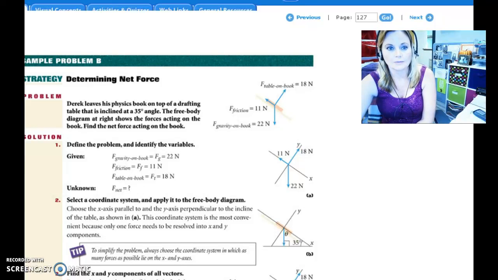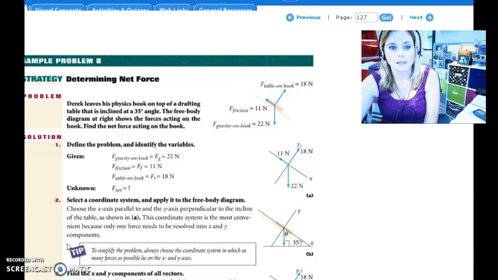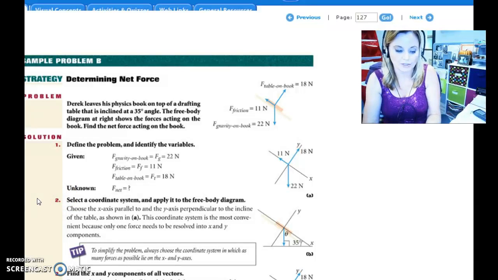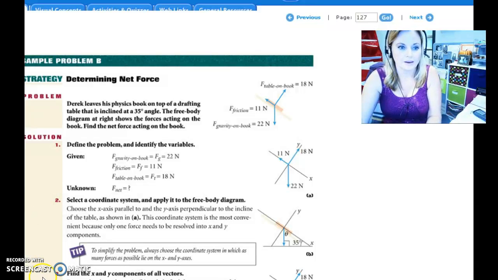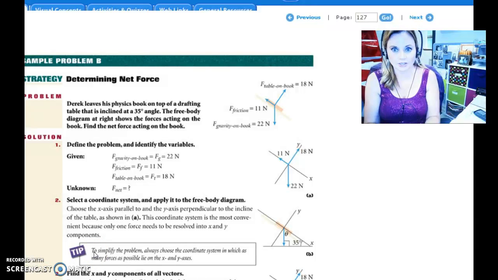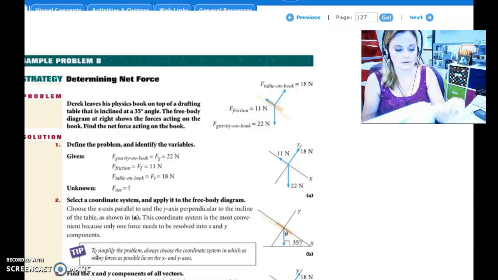As you can see from what's on the background here, today we're going to look at problems on determining net force, and perhaps we'll also start some problems on Newton's first law. So I'd like to work through the sample problem on page 127. I'm going to turn your attention to my notebook, where we will work through some problems on determining net force.